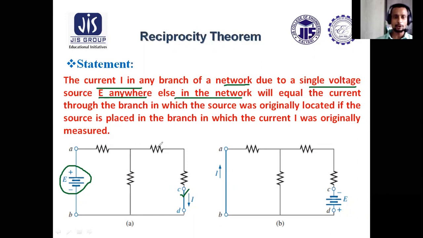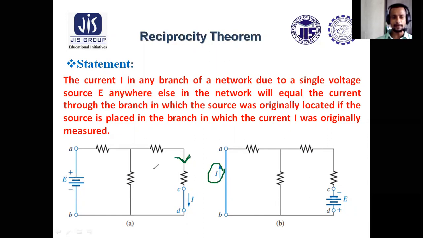That means if you are going to find the current through this branch, and E is placed anywhere else in the network, then this current I will be equal to the current through the branch in which the source was originally located, if the source is placed in the branch in which current I was originally measured. That means, as I said, if the current through this branch is I due to this E source, now if we alter E and I, then this current will be the same as this I.